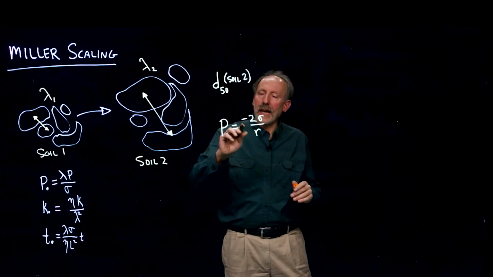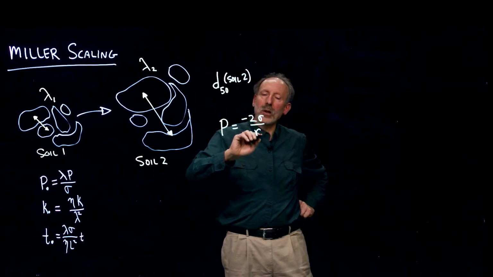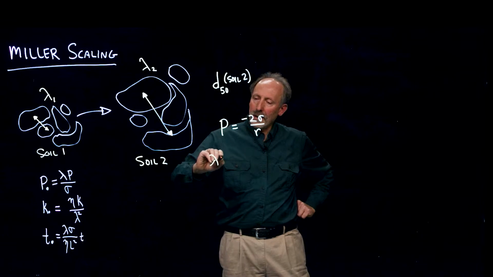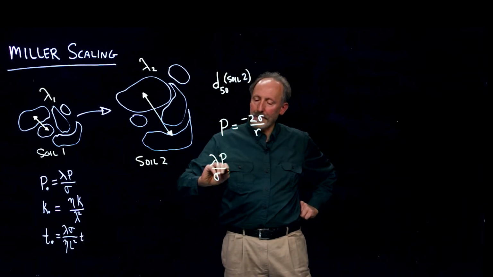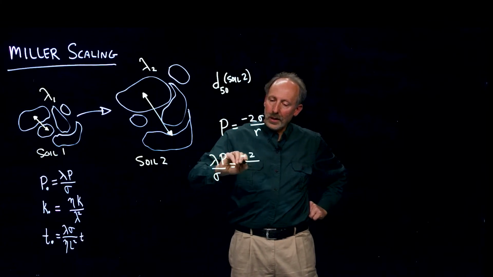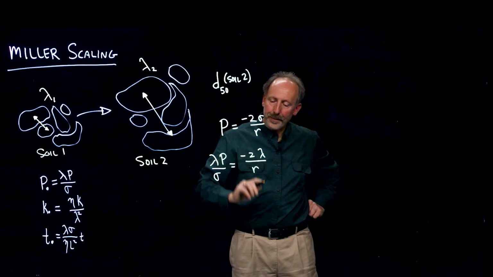So if I take this R, and multiply both sides by lambda, I'm going to have lambda P, and I'm going to divide by the surface tension, is going to be -2, and that's going to be lambda over R.